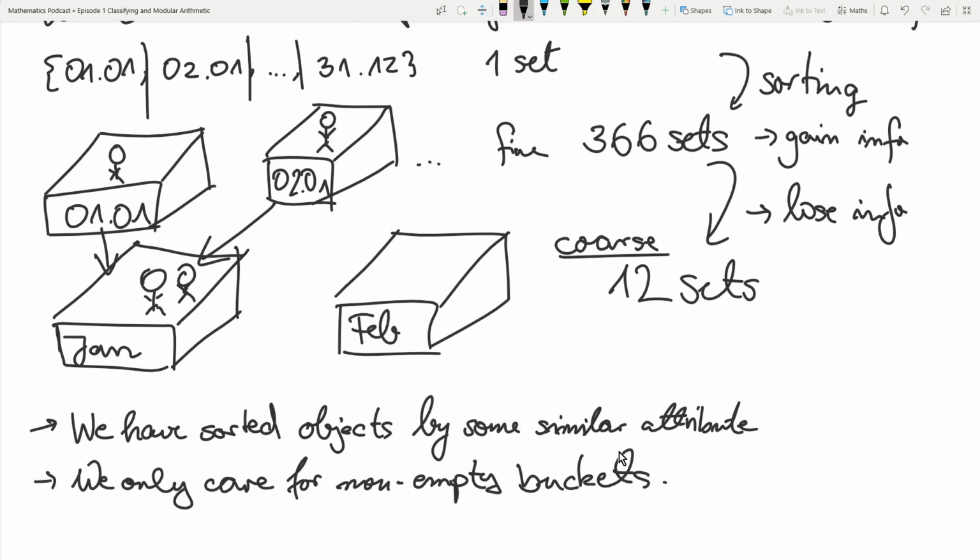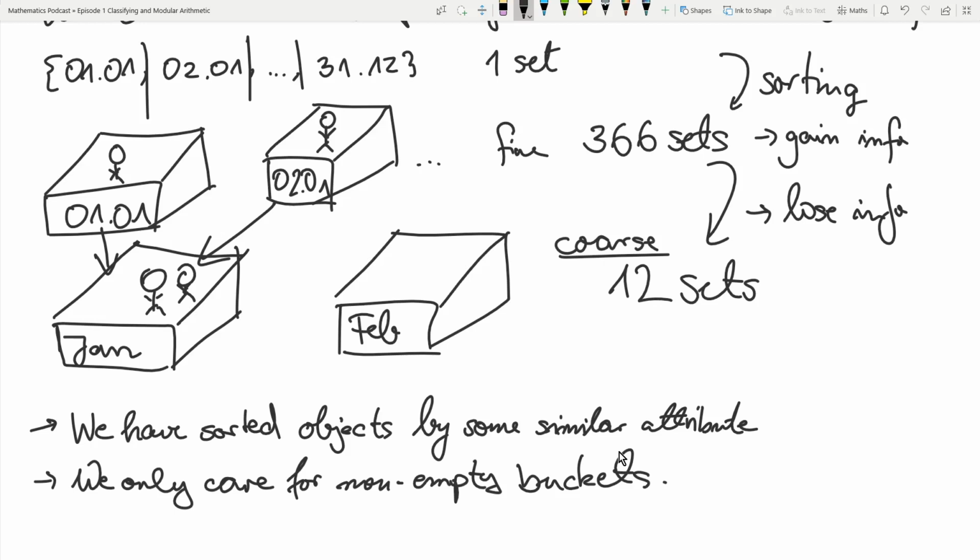But since we are using information to distinguish two people from one another, there should never be one single person who is in two buckets at the same time. Otherwise I can't identify based on the attributes I have.